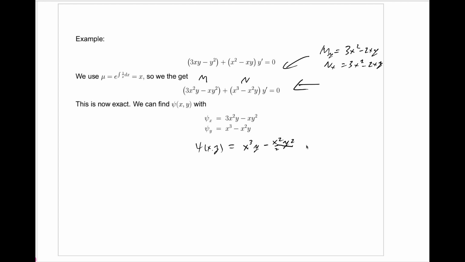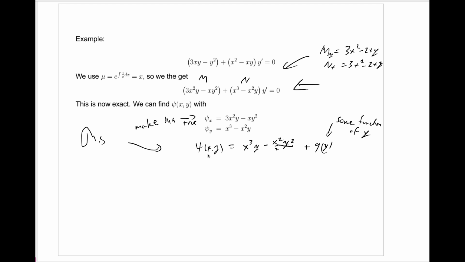And then we can add an arbitrary function of y, because the partial with respect to x of g of y is 0. So a function of this form makes this equation true.